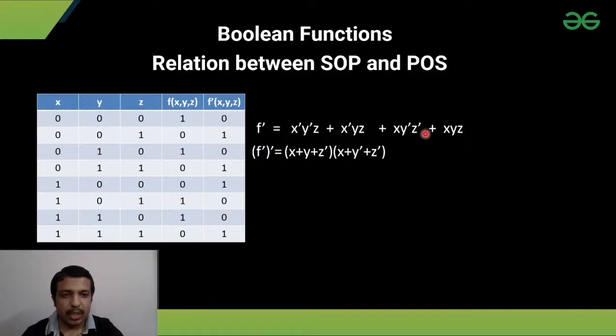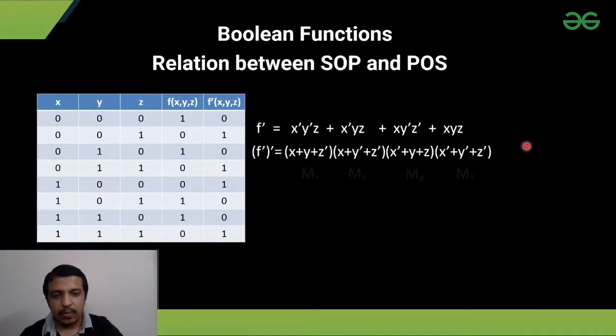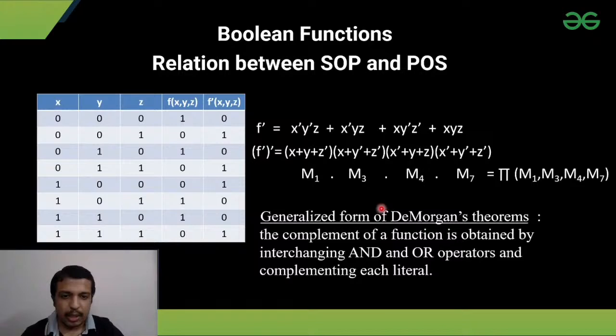Similarly for the other two terms. So this we have done using the generalized form of De Morgan's theorem, which states that the complement of a function is obtained by interchanging and or operators and complementing each literal.